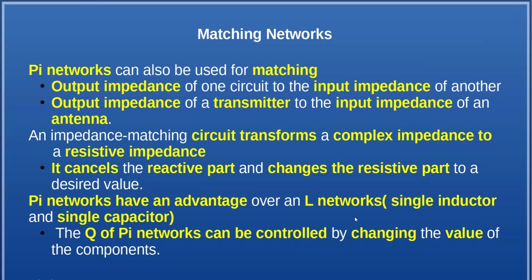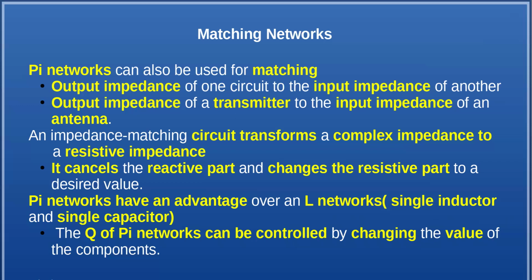One of the advantages of the pi network as opposed to a simple L, which is like half of the T, is that because of the configuration, you can manipulate the components and affect the Q of the circuit or its bandwidth.